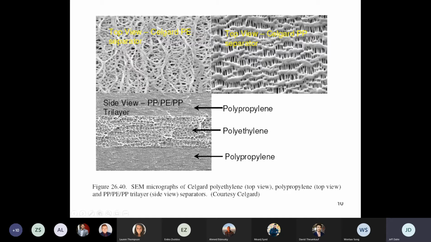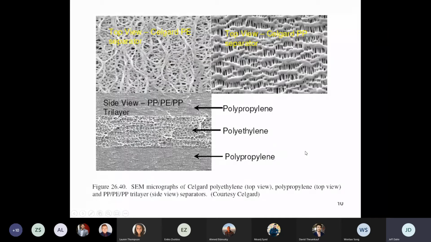I don't want to go exactly into the manufacturing process, but it's this stretching process that creates these pores and the way that it looks one-dimensional like this. Whereas the polyethylene looks completely different, as you can tell.